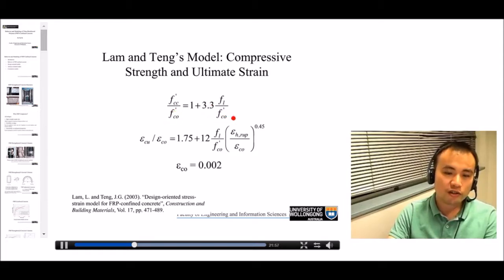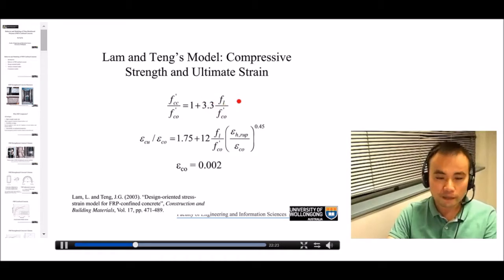In the Lam and Teng model, this equation is used to define the strength of confined concrete, which is f'cc. So this f'cc is linearly related to the confining pressure, and they choose the parameter 3.3, which, based on their test database, fits best with the test data.